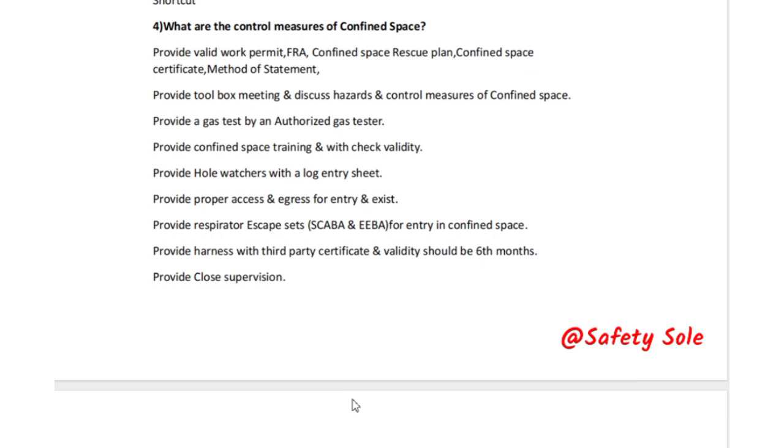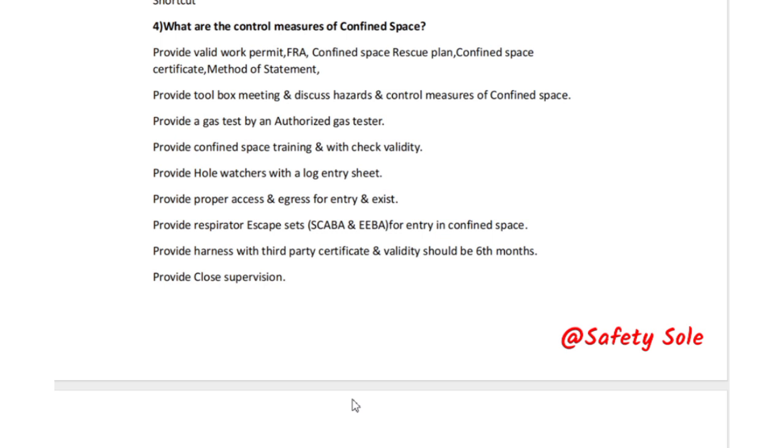What are the control measures of confined space? Provide valid work permit, formal risk assessment, confined space rescue plan, confined space certificates, method of statement, provide toolbox meeting and discuss hazards and control measures of confined space, provide a gas test by an authorized gas tester, provide confined space training with check validity, provide hole watcher with a log sheet, provide proper access egress for entry and exit, provide respirator escape sets like SCABA, EBA for entry in confined space, provide harness with third party certificate and validity should be 6 months, provide close observation.